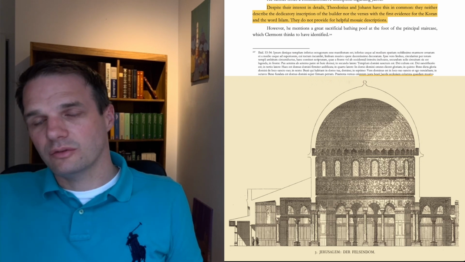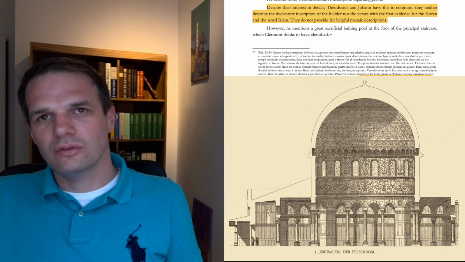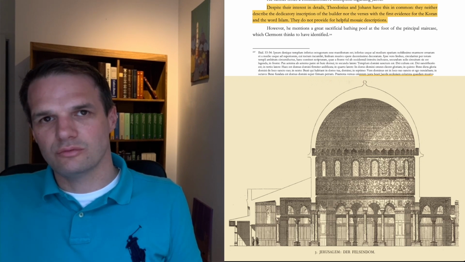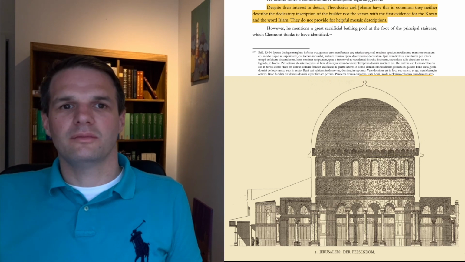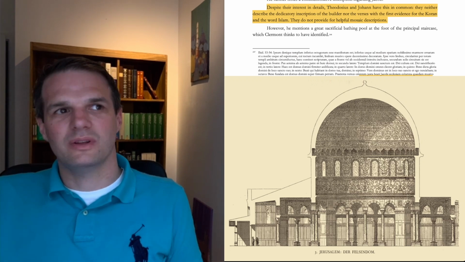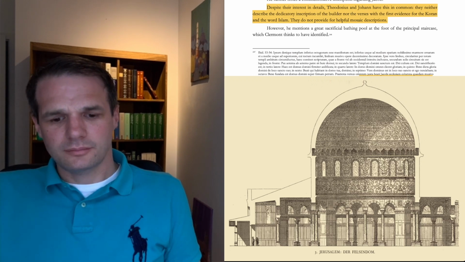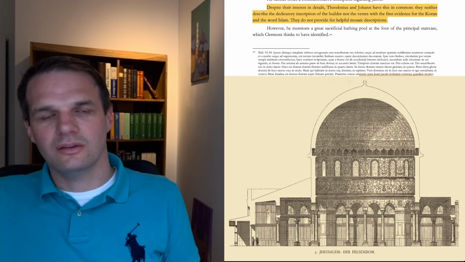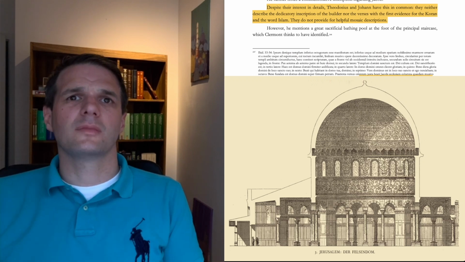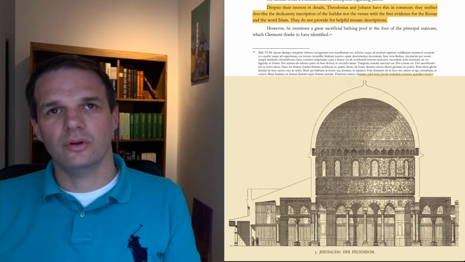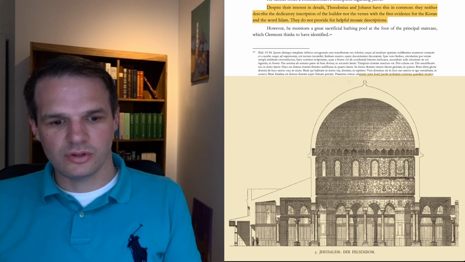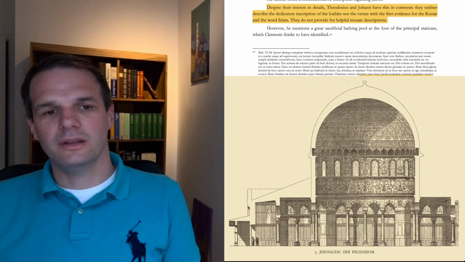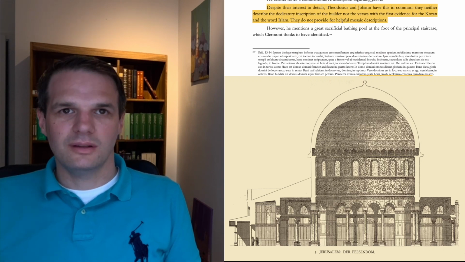One reason why that could happen is that most of these people couldn't speak, let alone read, Arabic. For them, the Arabic script would just have been an ornament. For them, it wasn't even script. Unless they lived in the region for years, and even then. So we have, for instance, documents about missionaries from the 14th century going to the Middle East, and most of them didn't even speak Arabic.